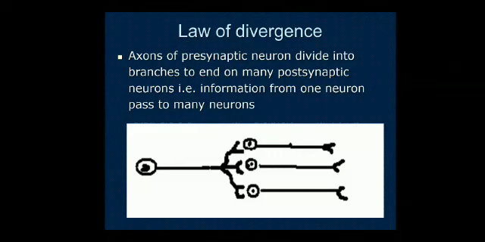The axons of a presynaptic neuron may divide into two and form synapses with more than one neuron. That is called the law of divergence. So the information can be multiplied because of the law of divergence.